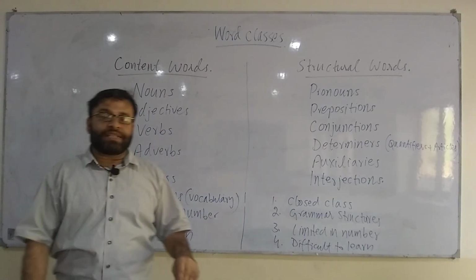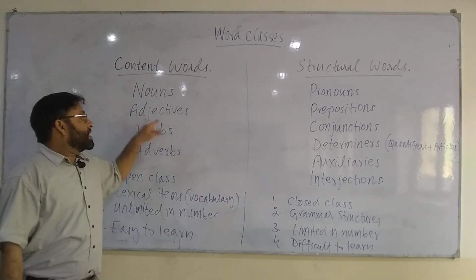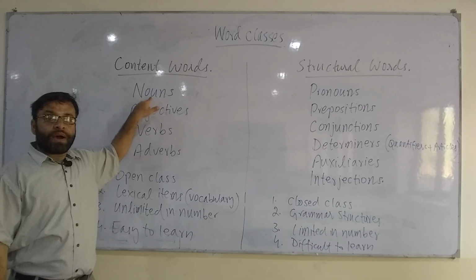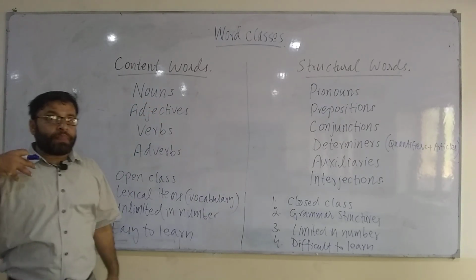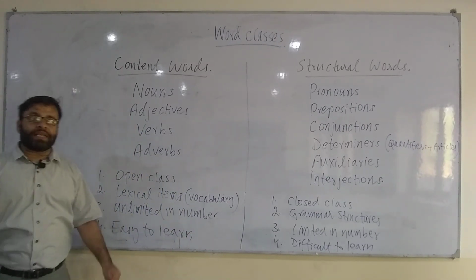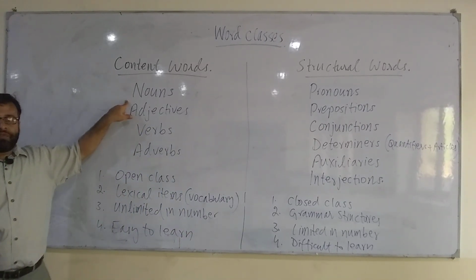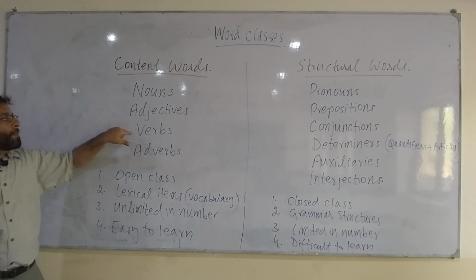Adjectives define nouns, they qualify nouns, they tell more about the quality of a noun, good quality or bad quality, and they help you develop a good piece of writing.